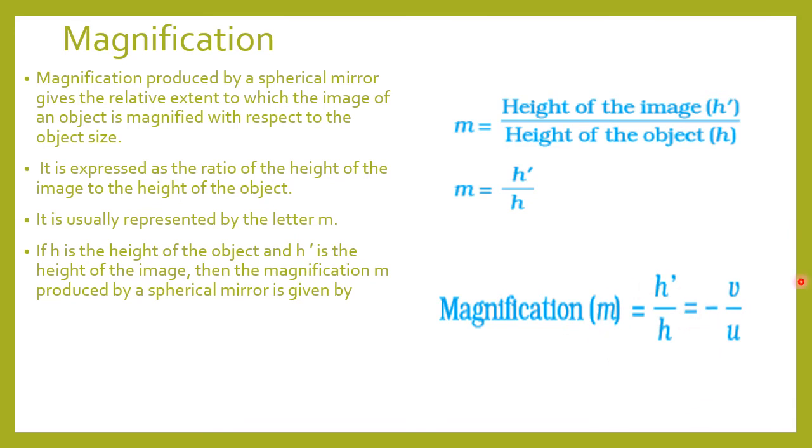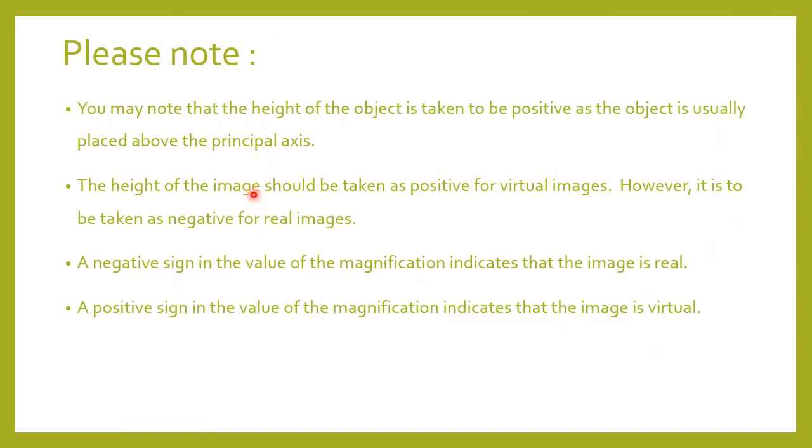Till now three formulas we have learned. One is the mirror formula, 1 upon V plus 1 upon U is equal to 1 upon F, and second, magnification is h dash upon h, and also magnification is minus V upon U. So these are the three formulas. Please learn them.